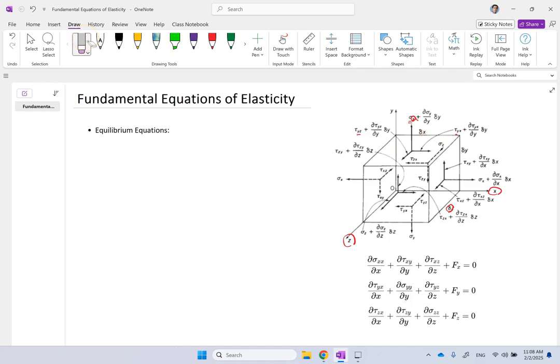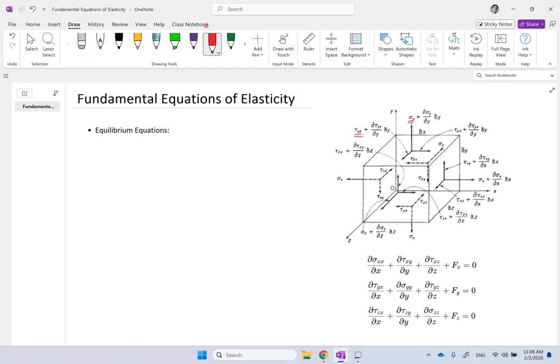So as I said, on each face we have one of these, and these stresses are functions of location. They are not constant within the material. So for any of these 6 components of the stress, remember these shear ones are the same. There are 2 things that I can show you in a separate video.